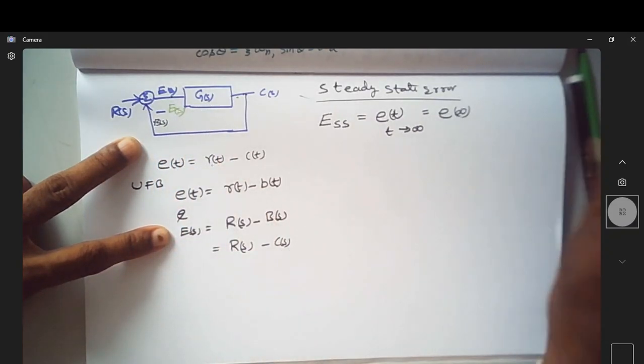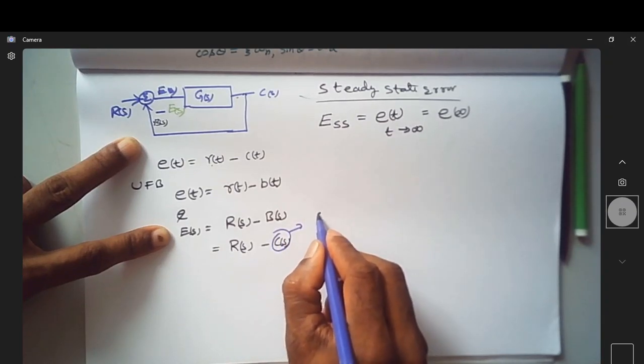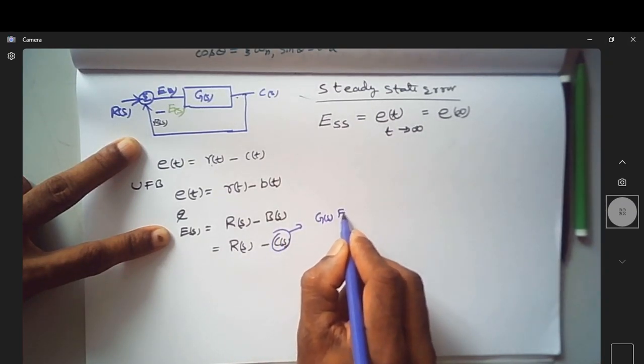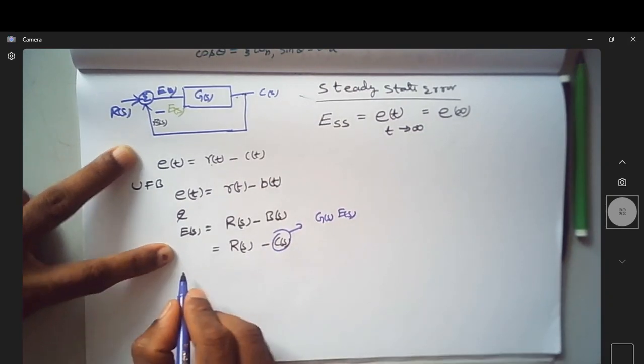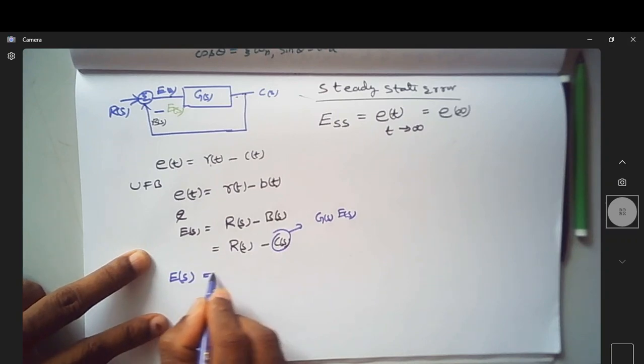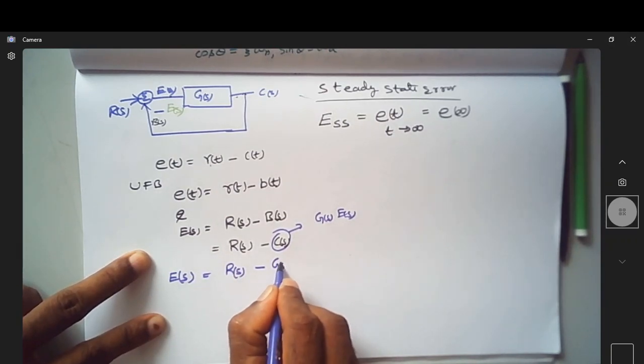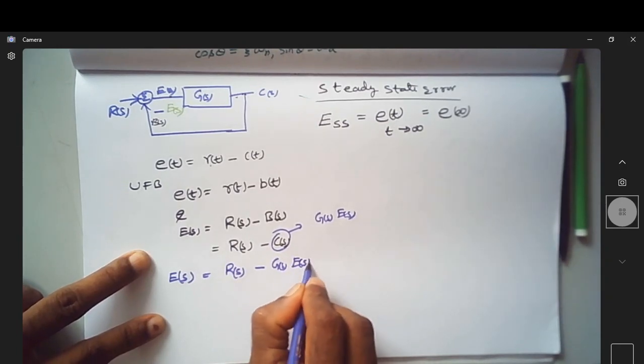So I can replace this by G(s) into E(s). Ultimately E(s) is equal to R(s) minus G(s) into E(s).